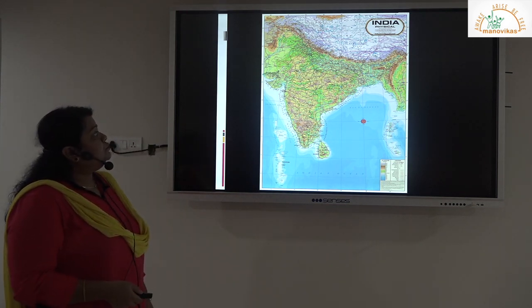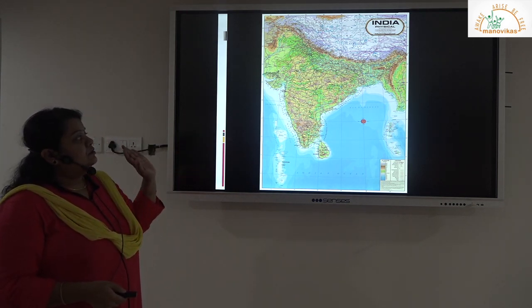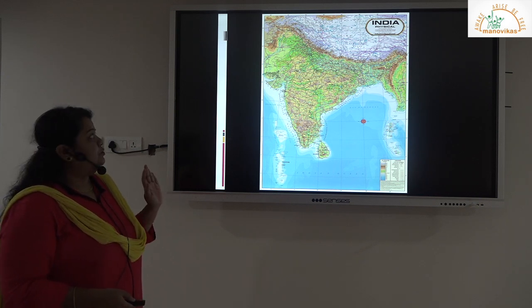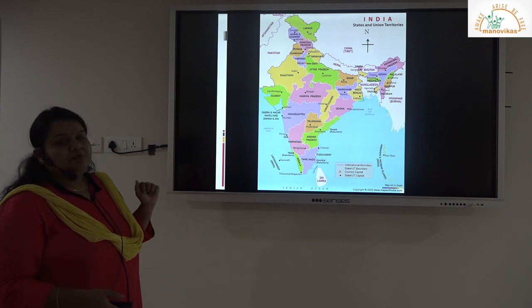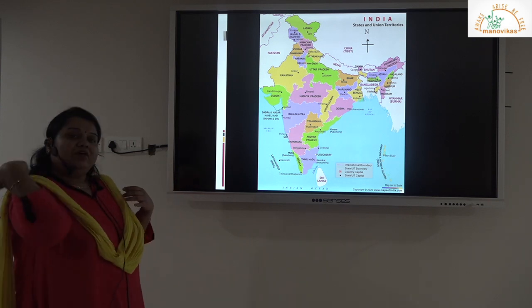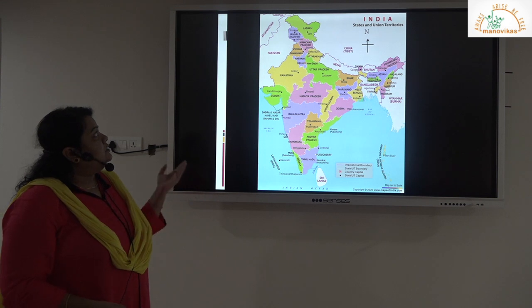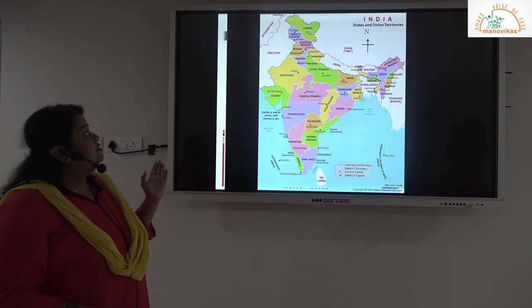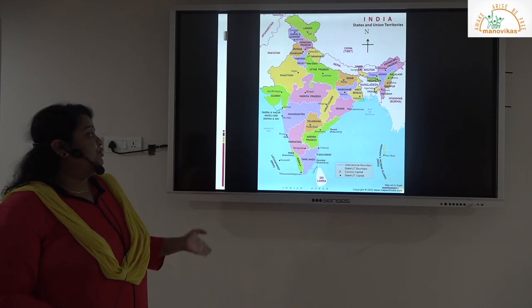So this is the map making us understand the elements of a map or parts of a map. You can see the next map, just an example. Here we don't have all the elements, just for you to understand. This is the latest political map of India, which has 28 states and 8 union territories.